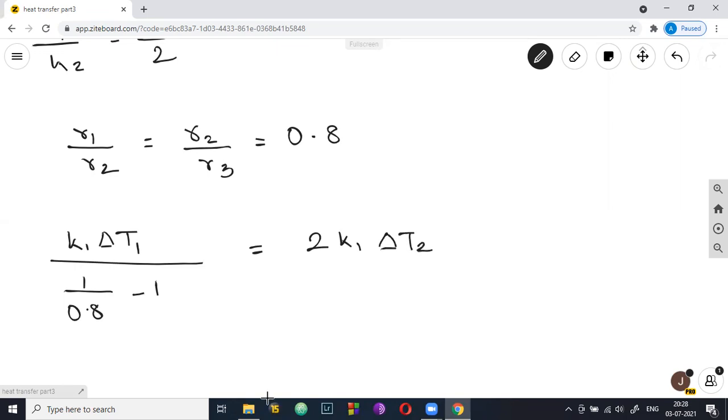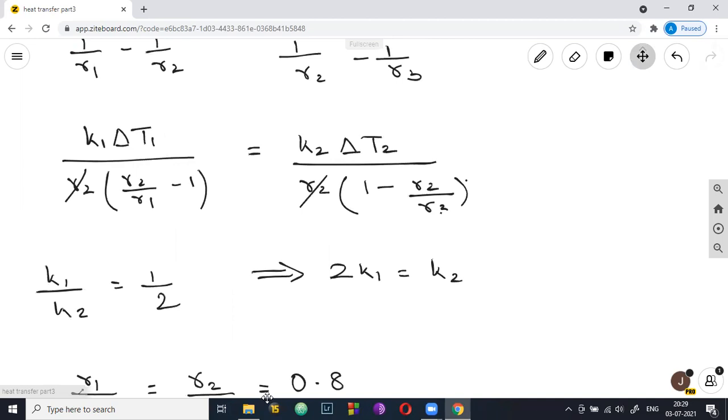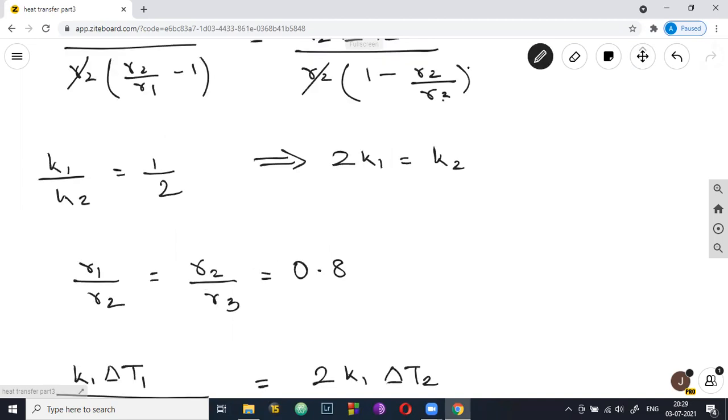Remember, this is K1, I'm not doing anything here. But here K2 is replaced by 2K1, divided by 1 minus 0.8. Here you can see R2 by R3, and here also R2 by R3. This is actually R3. Please correct it.